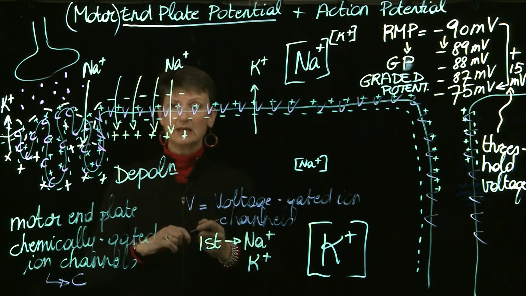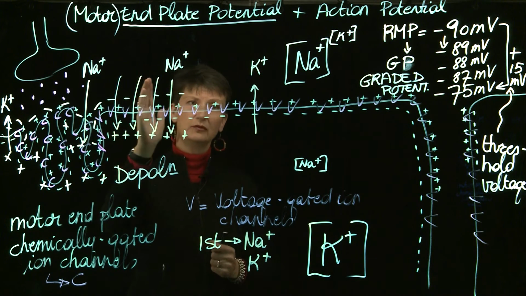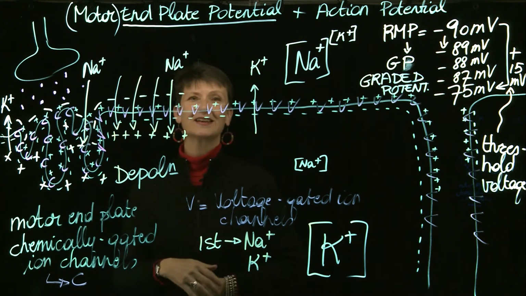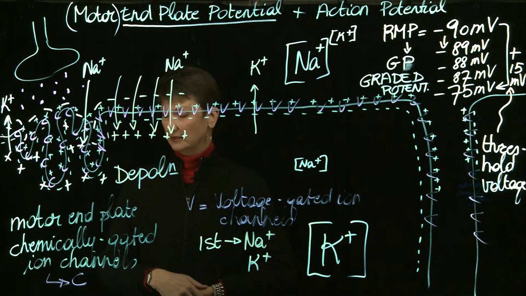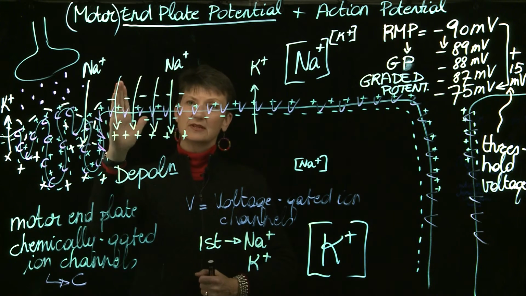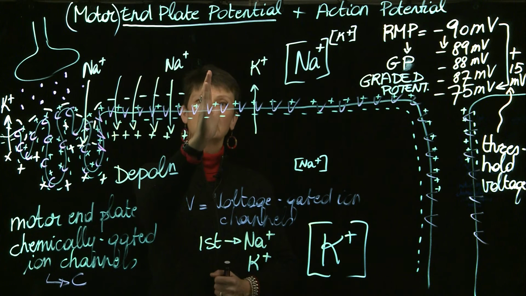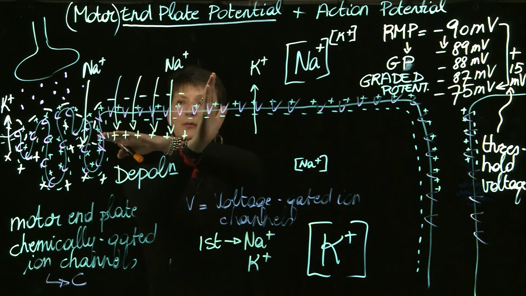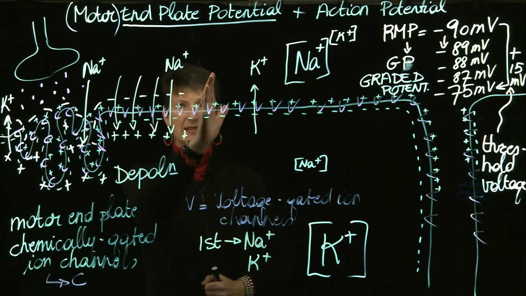Now, this depolarization as it moves, and this is now going to be impossible for me to draw unless I start erasing, but this depolarization, when it moves, and let's say it reaches over here, it is going to quickly be followed by the closing of the voltage-gated sodium channels and instead the opening of our potassium channels.